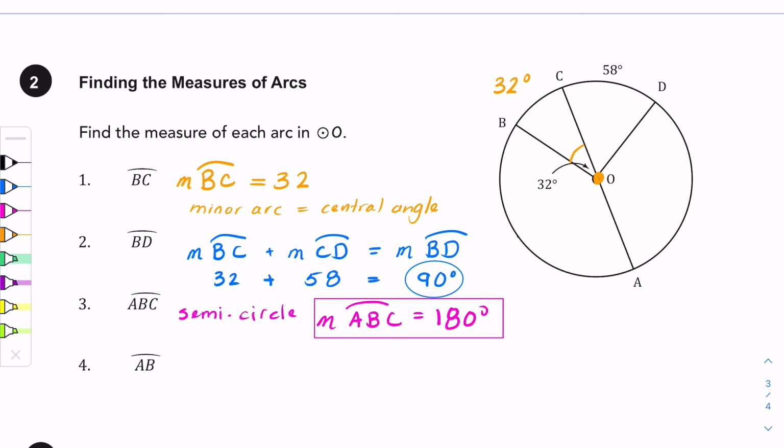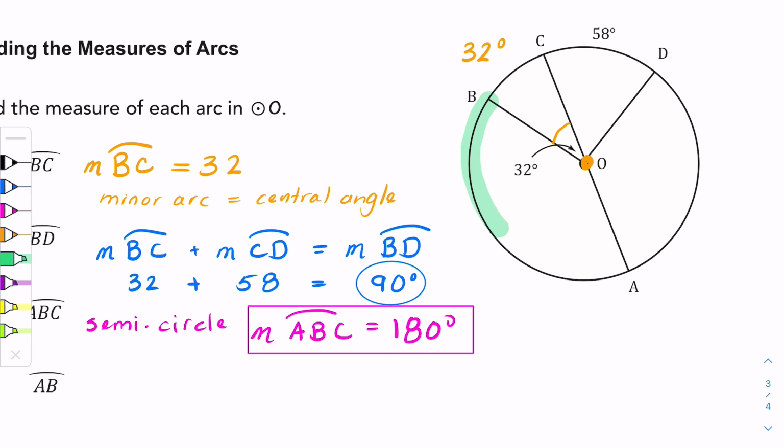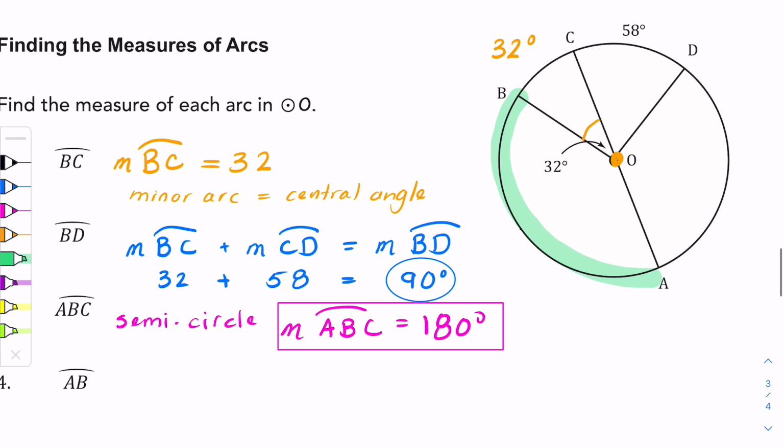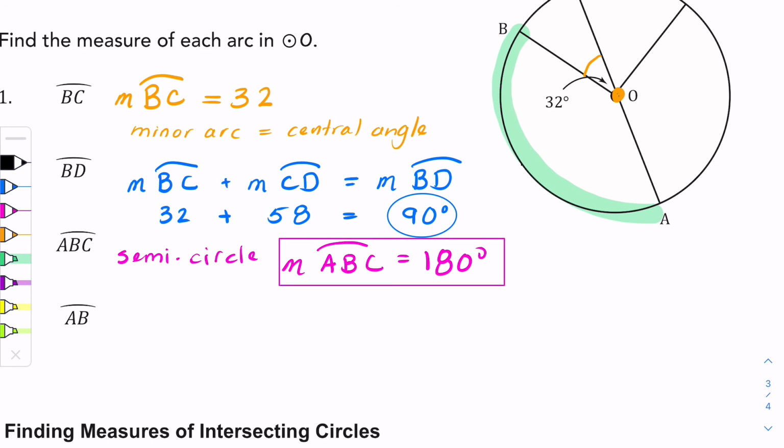And for the last arc, we're looking for arc AB, and that is this arc here. So you are going to have to get a little creative with this. We know that this whole arc is 180. We know that this smaller segment is 32. So in order to find the measure of arc AB, I'm going to take my semicircle of ABC, and I'm going to subtract the measure of arc BC.